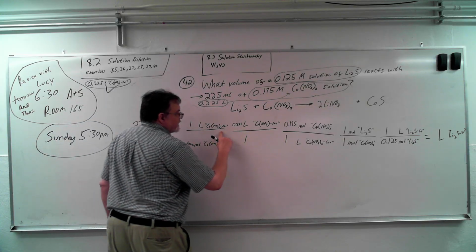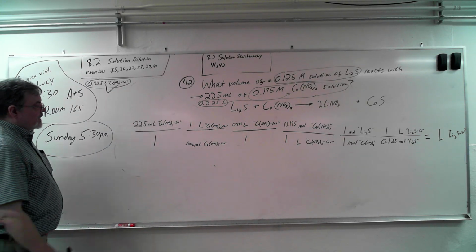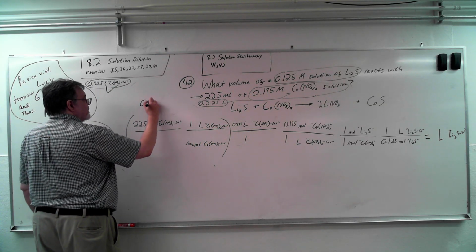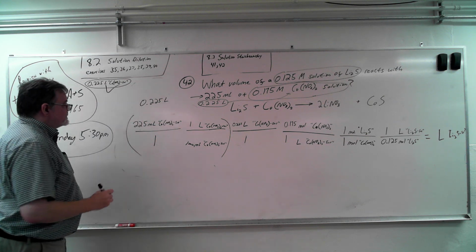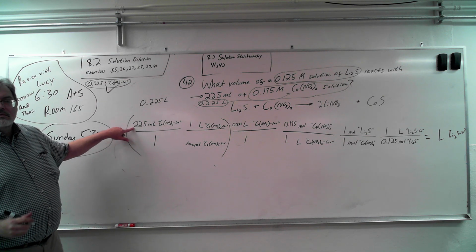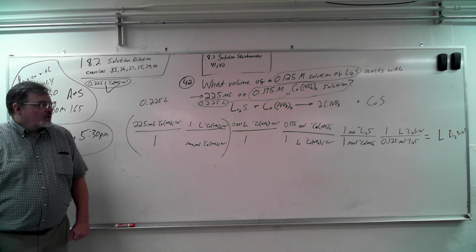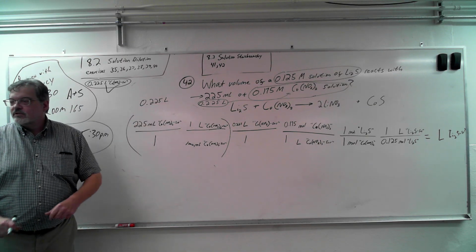And now liters will cancel and the rest of it works. I just sort of preloaded this part and turned it straight into 0.225, because dividing by 1,000 makes you go ding, ding, ding. But it's fine with me if you sort of preload it like that, and then everything else just flows.